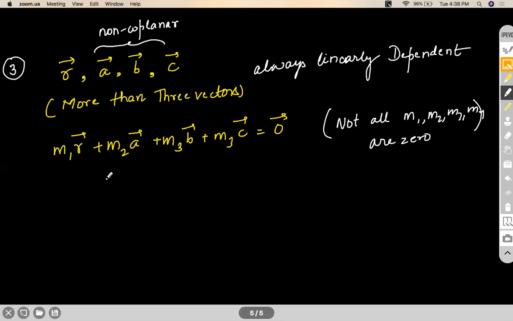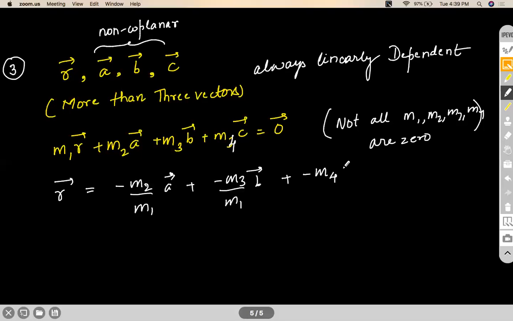So let us say M1 is non-zero, so I can always write R as minus M2 by M1 A, plus minus M3 by M1 B, plus minus M4 by M1 C, correct?